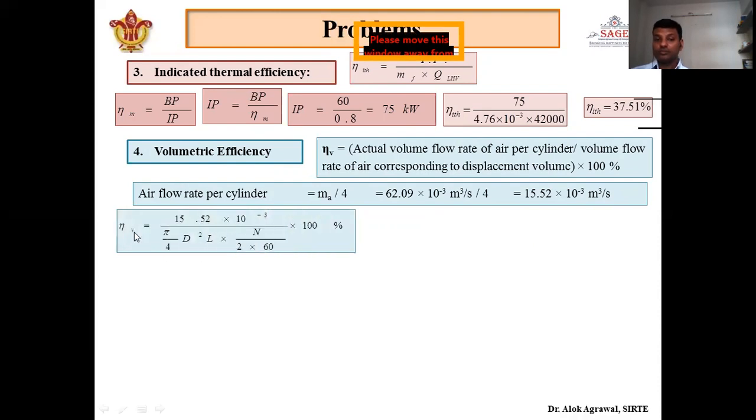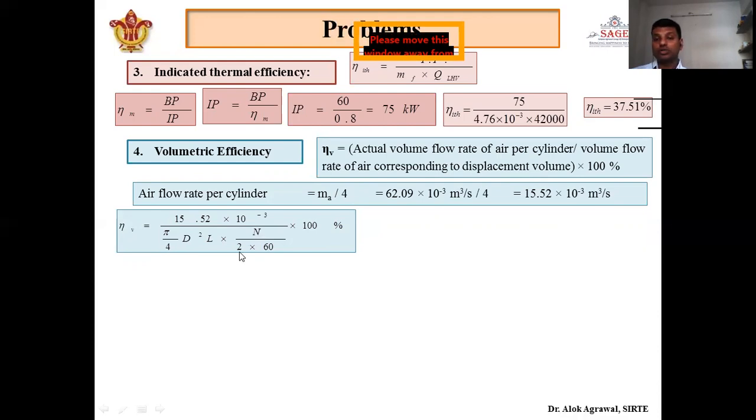Now, volumetric efficiency is equal to actual air flow rate upon volume flow rate of air corresponding to displacement volume. See, this air flow rate is per second. So the stroke volume is pi by 4 d square L, Vs, into how many strokes occur in 1 second. We can calculate it by the value of RPM, N by 2. This is a 4-stroke engine, so we put N by 2.